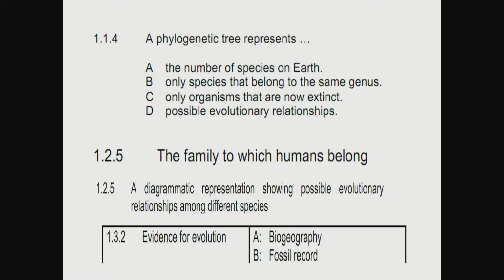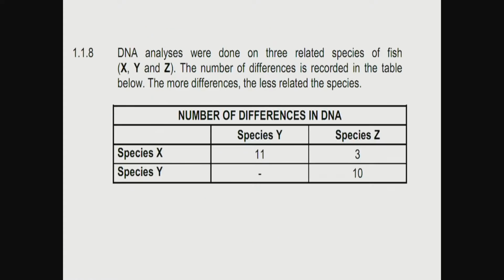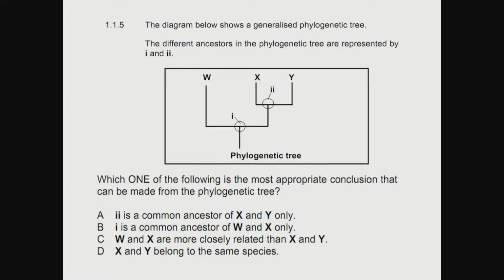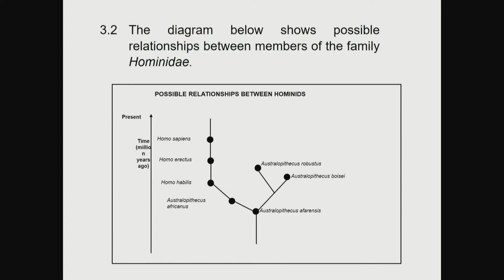What does a phylogenetic tree represent? Possible evolutionary relationships. The family to which hominins belong, Hominidae. Always asking that. And to interpret the phylogenetic tree, this diagram is a phylogenetic tree.